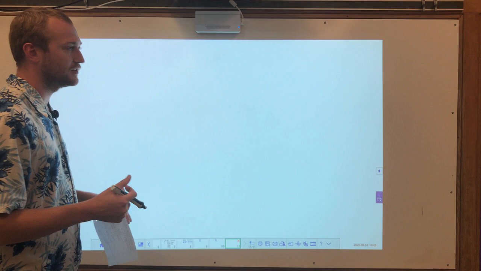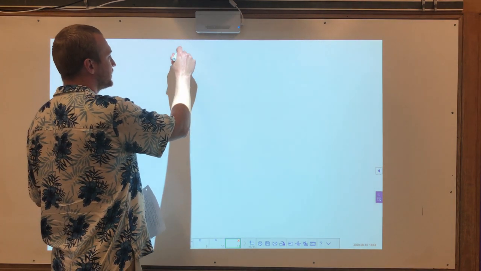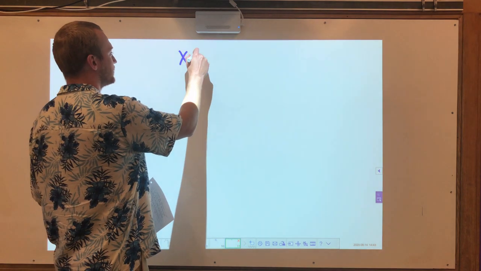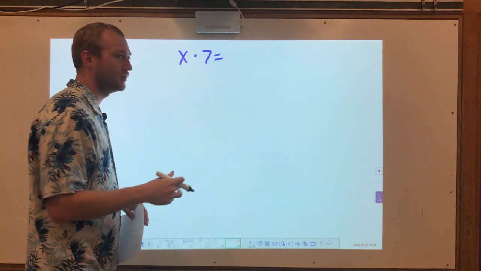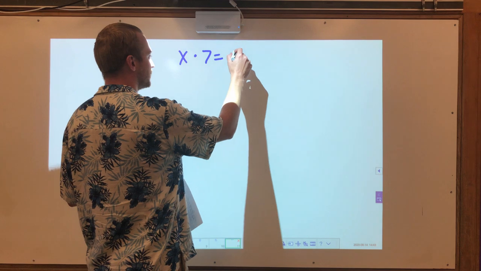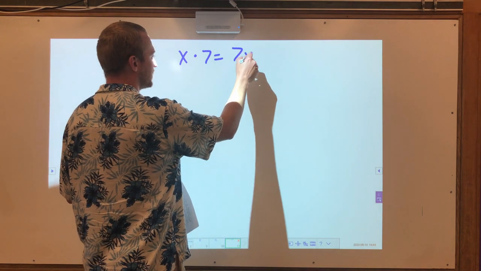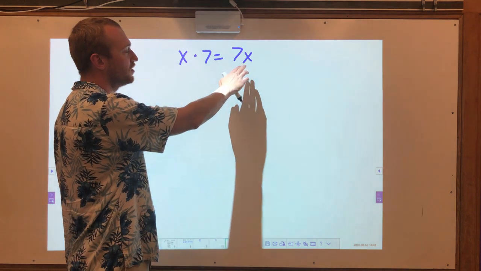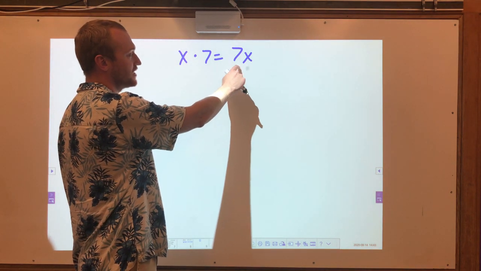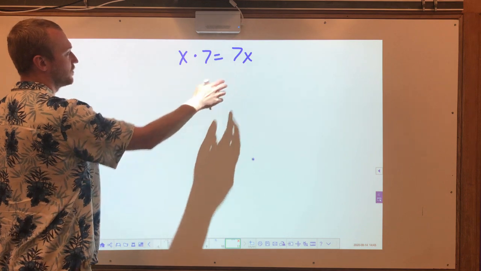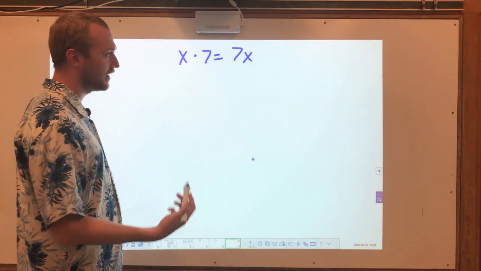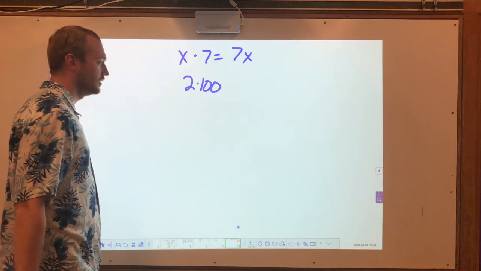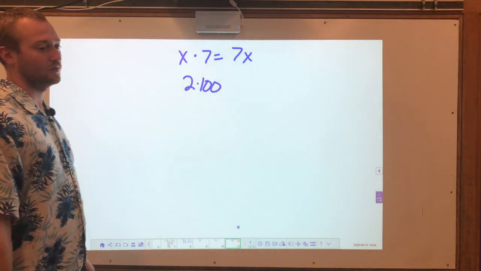Well, if we have the product of some number x and let's say 7, x times 7, this is the same thing as 7x. Remember from that first slide I said usually we have the constant first and then the variable. This is 7 times x. These are the same. If I had 2 multiplied by 100, 2 times 100.